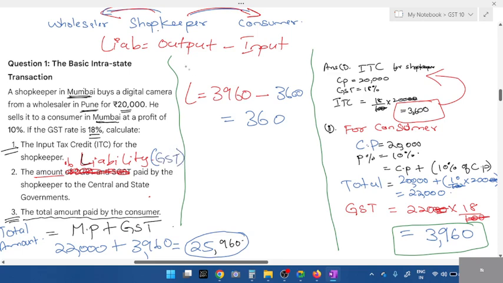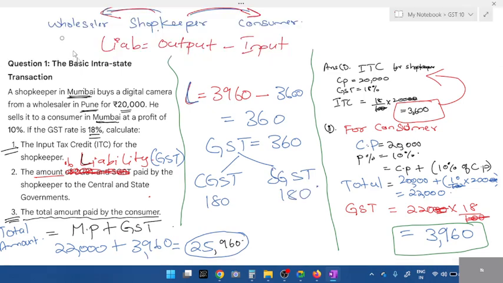This is the concept. So the amount paid by the shopkeeper to the central and state government. I'll tell you what that is. First complete this, liability or GST. What is the total GST paid, students? 360. If GST is 360, how much did he pay for SGST and CGST? 180 each.